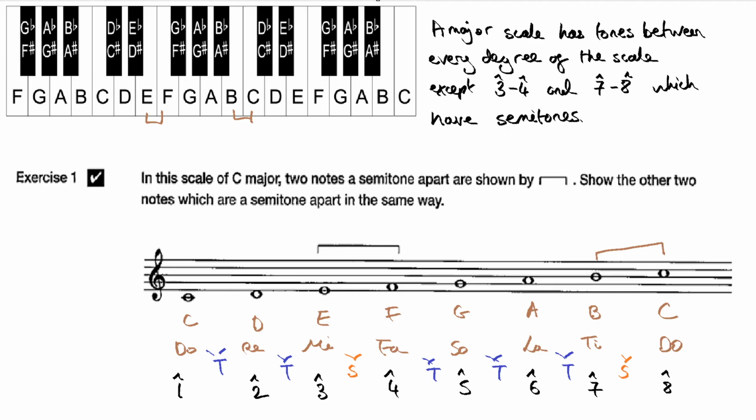It would still be between 3 and 4, because B and C, what used to be 7 and 8, would become 3 and 4, but there would be a semitone between E and F, which would be notes 6 and 7 rather than 7 and 8. So if we want to continue, when we look at the next exercise with some other scales, we need to work out where to put the semitones and use accidentals to do so. Let's try this together.